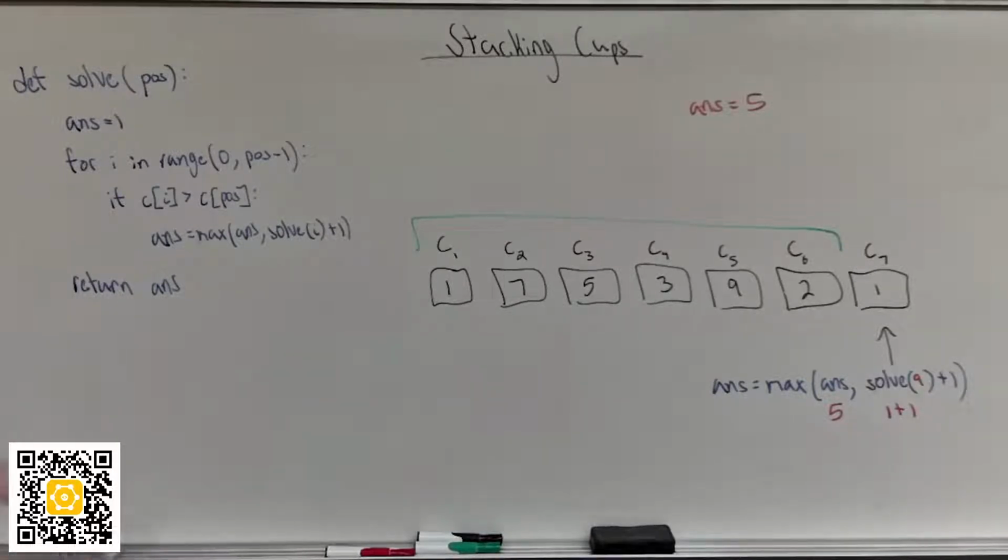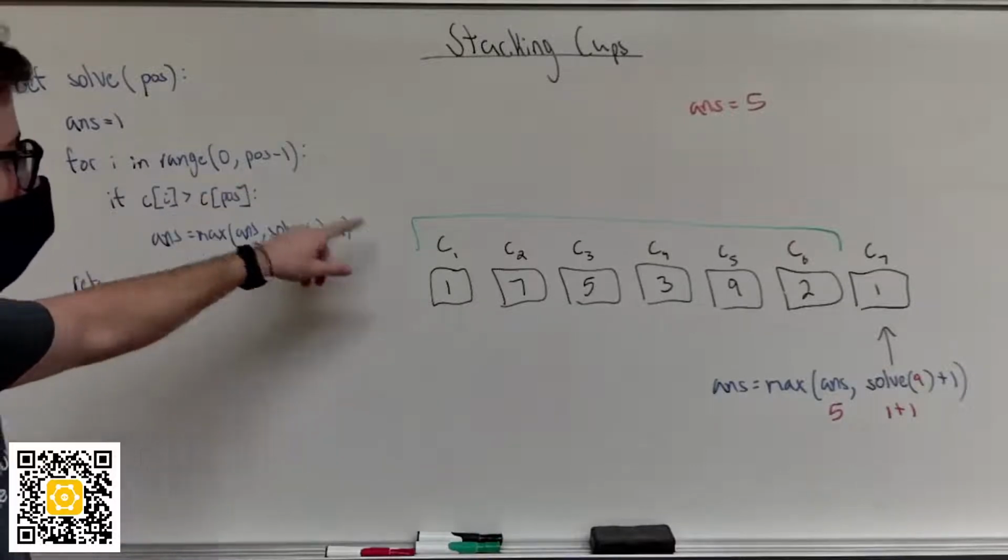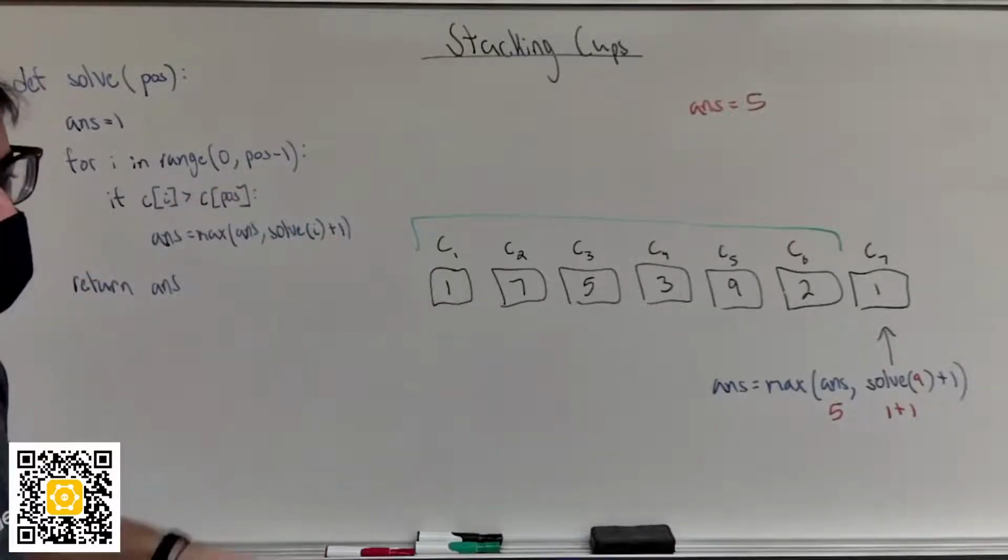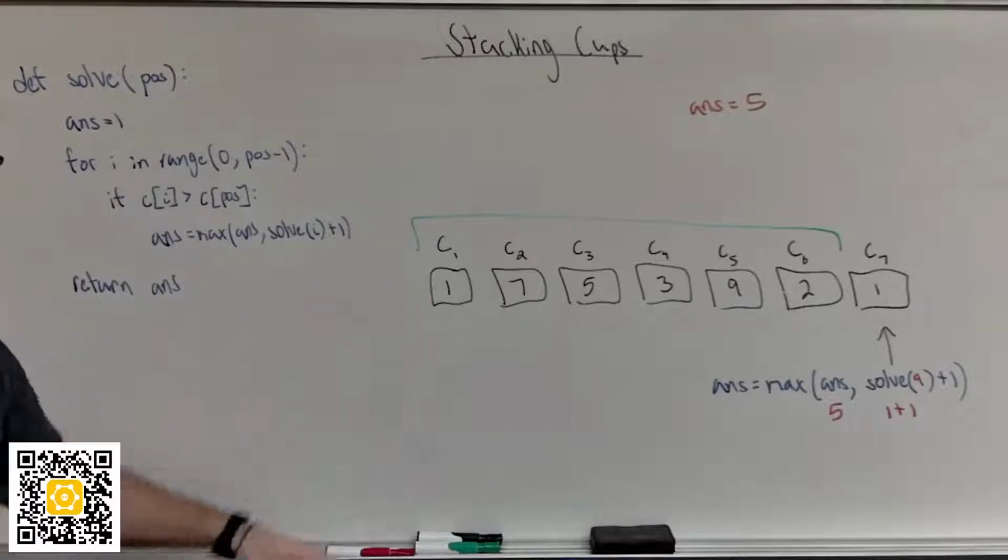And then you use return 1. Wait, so shouldn't we 0 index those cups? No, because here 1 minus 1, 0, it's fine. It works out because I did minus 1. Okay, that's fine. Do you see how this works? Or do you have any questions on it?